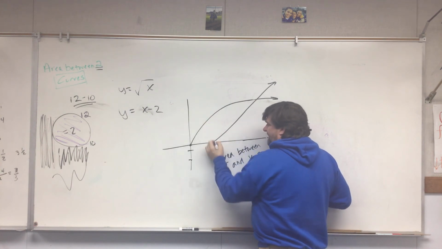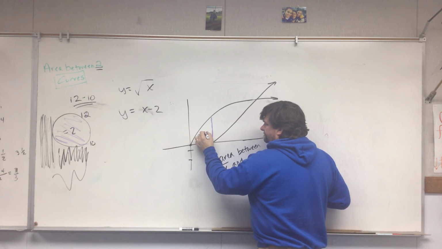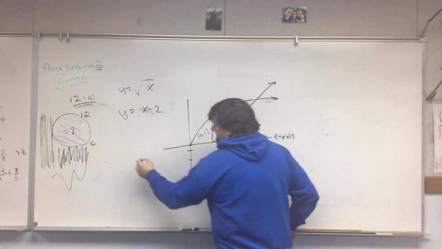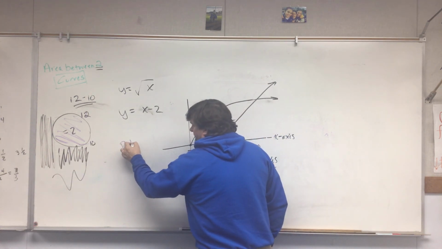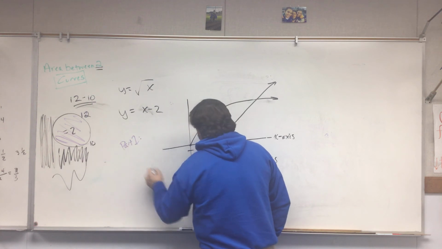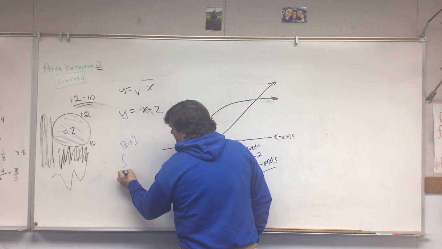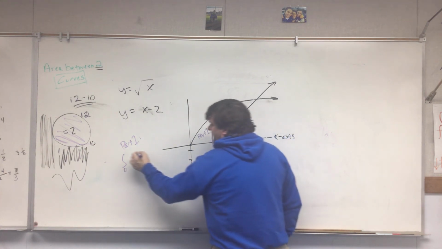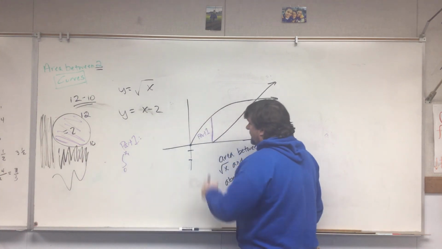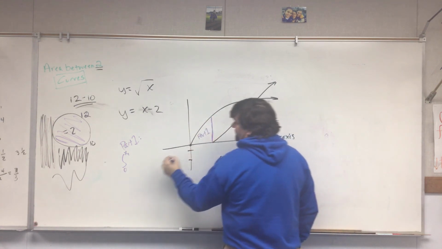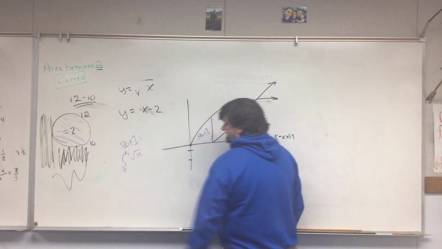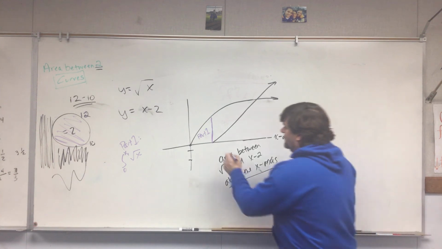So we have to break this into two chunks, let's say. Part 1 is going to be the integral from 0 to whatever x value that is of the top curve, which is going to be the square root of x. So we're going to call this x1.